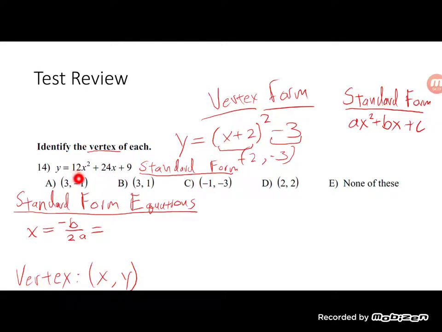So a would be 12, b would be 24. So I'll have -24 over 2 times 12. And now I just want to follow PEMDAS and calculate this and see what it equals. So this is -24 over 24, which is equal to -1. So I see that x is equal to -1.